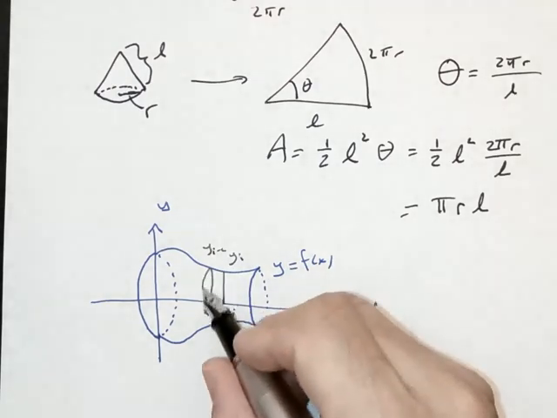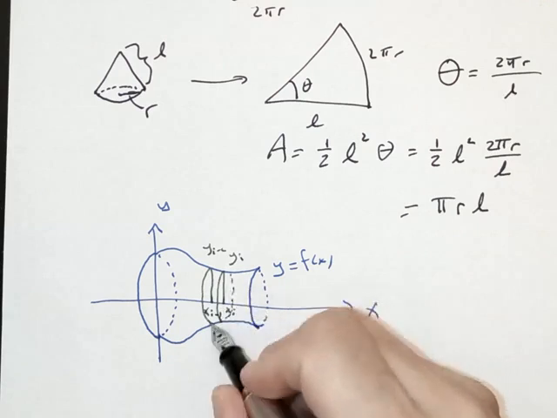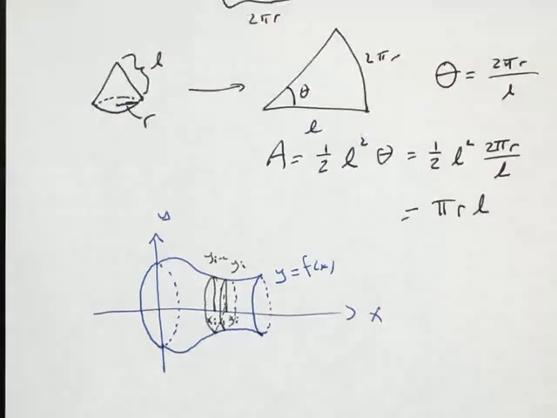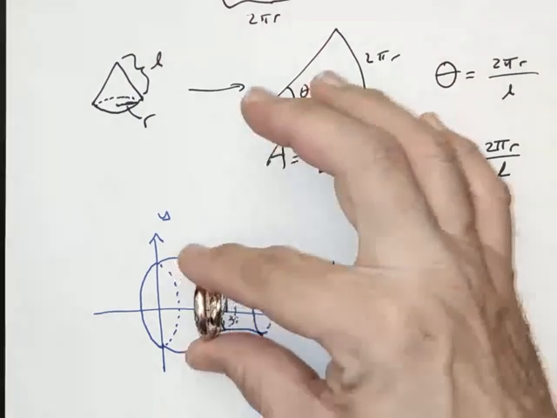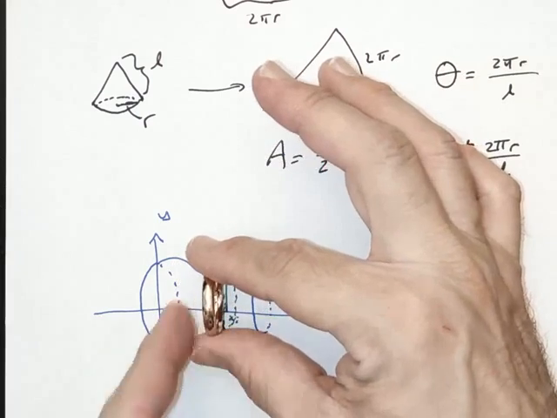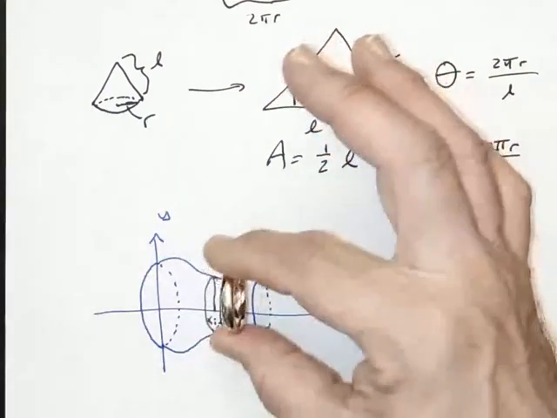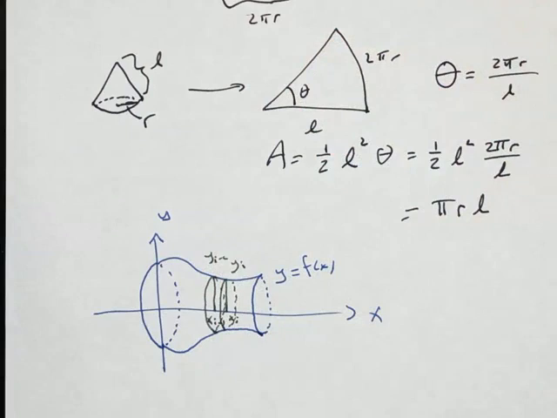And when we spin those, we're going to get a little ring. Xi minus 1 and xi, each of them have a height. And as I spin it around, I generate a ring. If that ring is thin enough, I can think of it as if it were a cylinder.